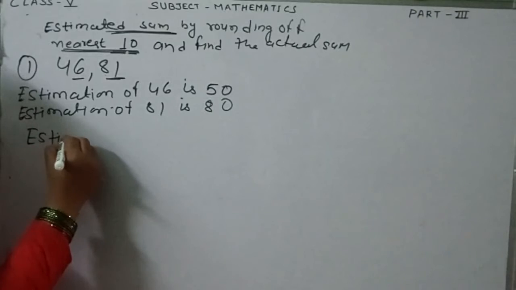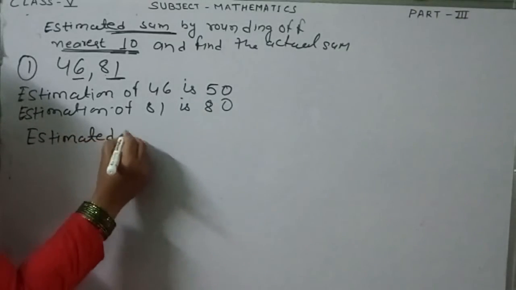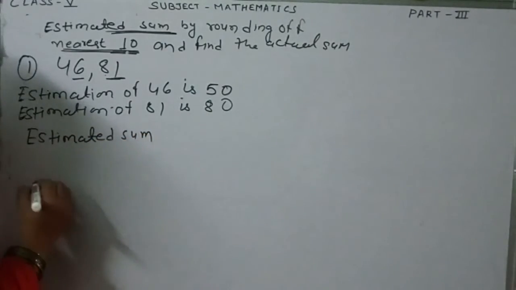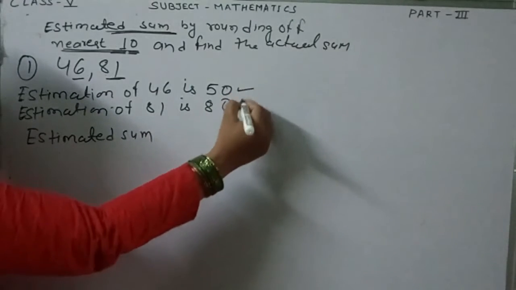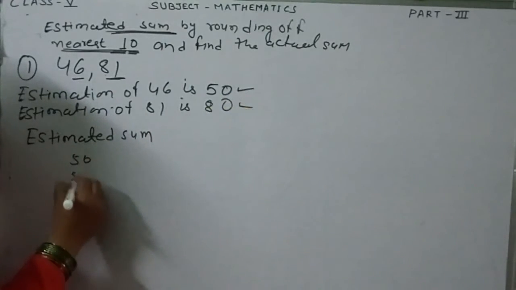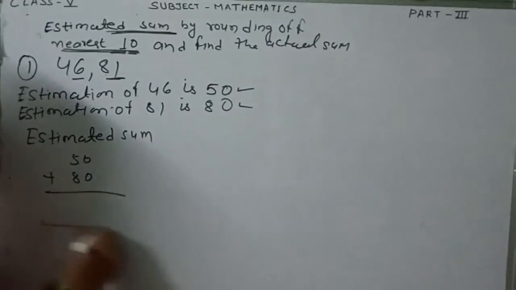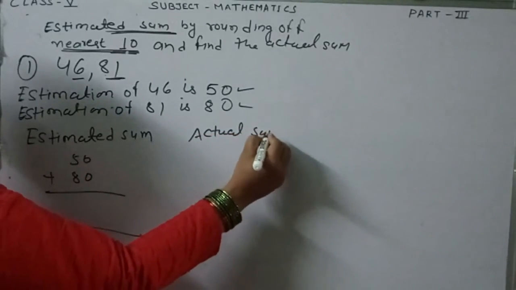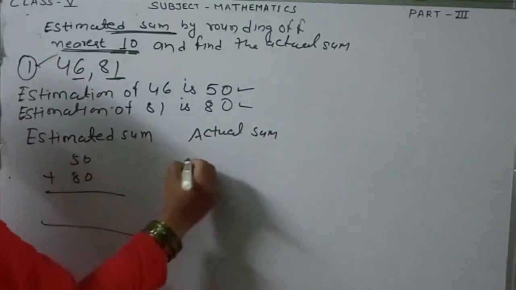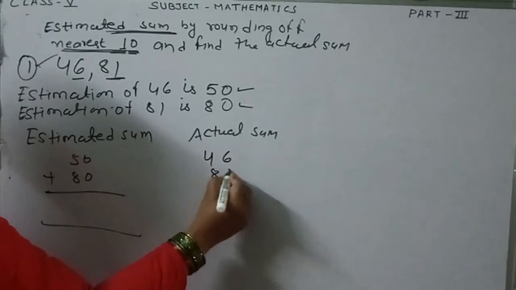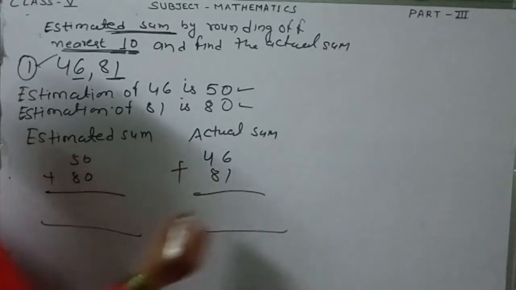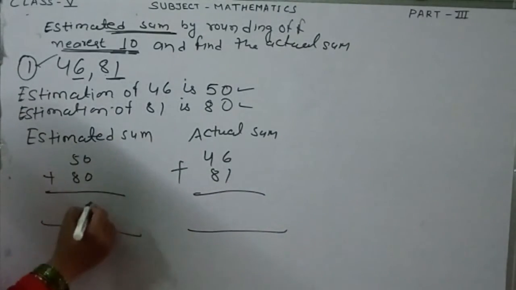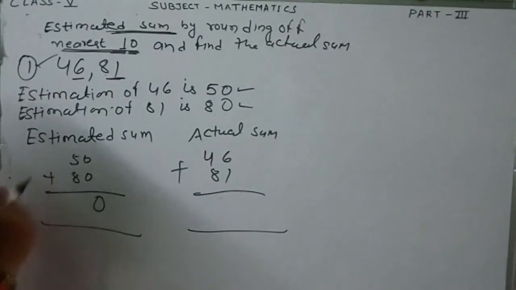The estimated numbers are 50 and 80. And here you have to do the actual sum. Write the actual numbers 46 and 81. Add: 0 plus 0 is 0. Then 8 plus 5 is 13.